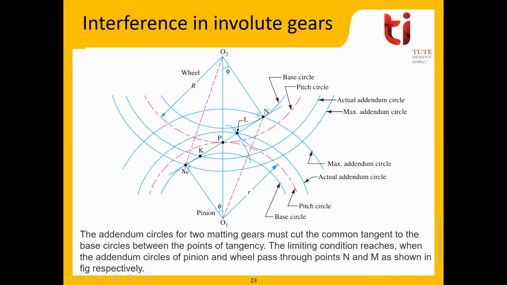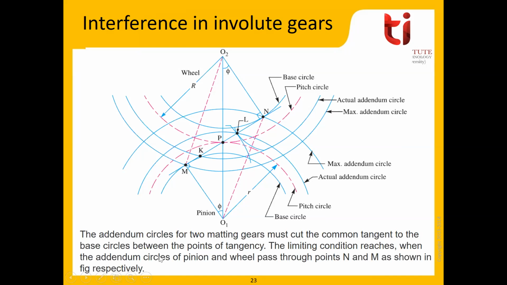So there would be interaction between the fillet and the involute profile. Both profiles which are in contact are not the same, so there would be undercutting of the pinion. Or you can say the tooth of this O2 will remove some material from O1 at the fillet, because there is interaction between involute and non-involute profile, and this material-removing phenomenon, or undercutting phenomenon, is known as interference.